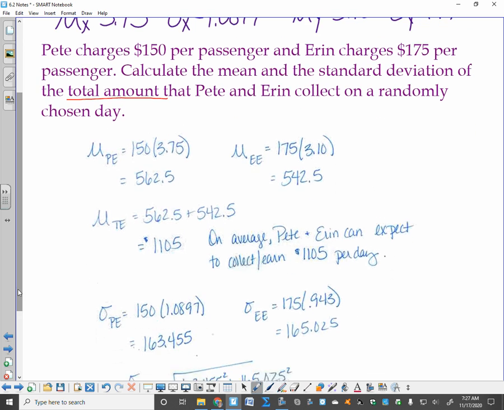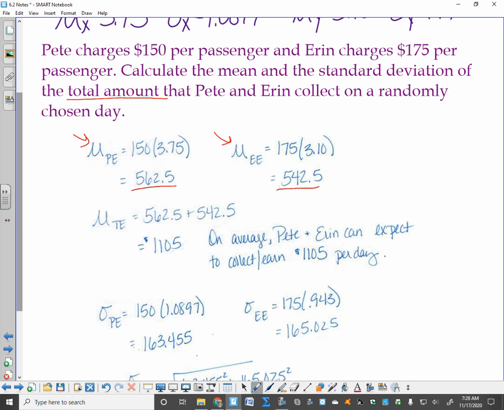Okay. So here's Pete, and here's Aaron, and this is based on how much they charge. Pete's going to charge $150, so his mean is going to be $562.50. Aaron is going to be $542.50.